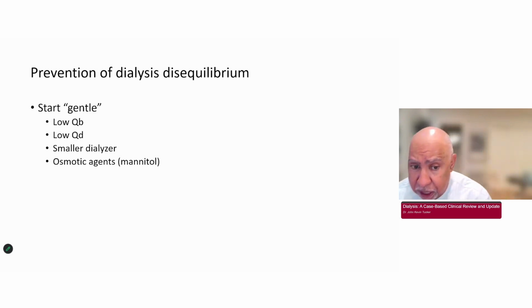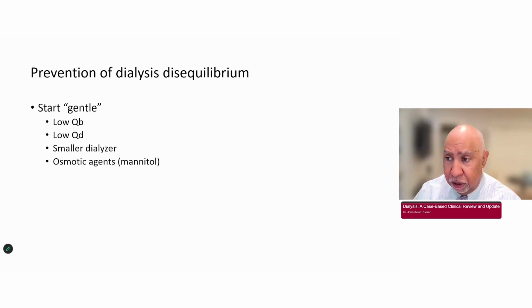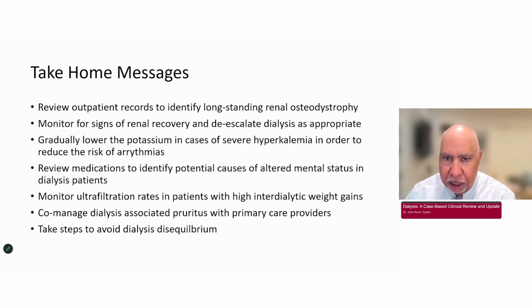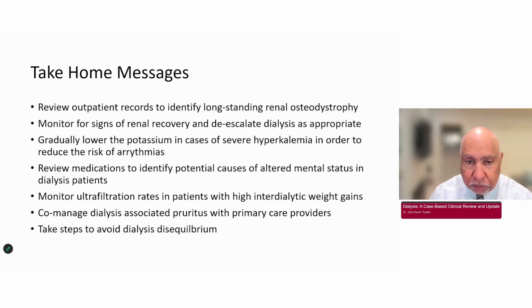Some institutions may give an osmotic agent such as mannitol in order to help prevent dialysis disequilibrium. The problem with this case was that this patient had missed dialysis for a week, and she got dialyzed with a very aggressive prescription. And so you have to think about prevention, not just in new starts, but also in patients who may have missed dialysis for a while.